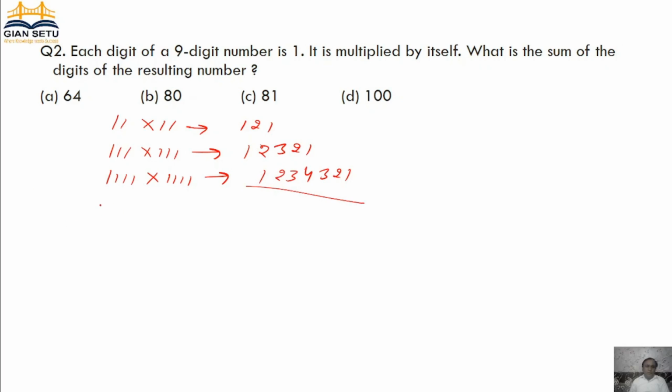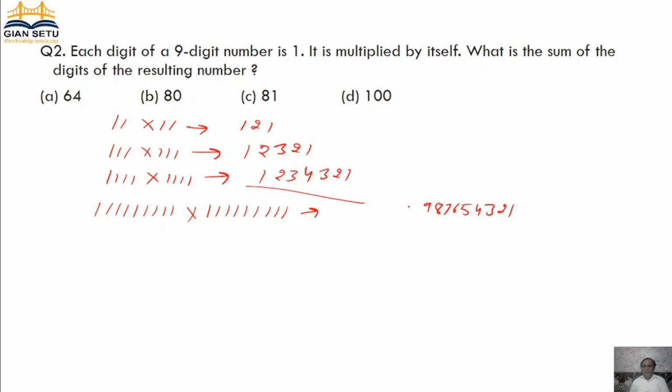Now if we multiply a number consisting of all ones, 9 ones, with itself, then the product will be 12345678987654321.